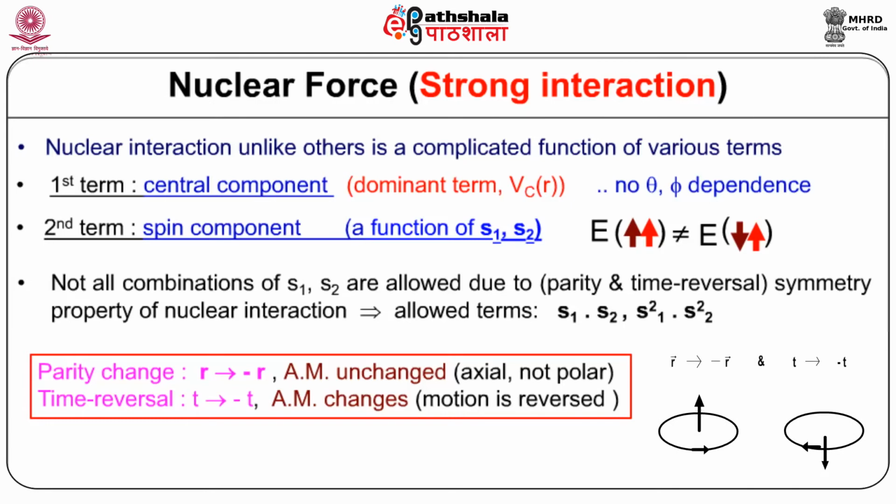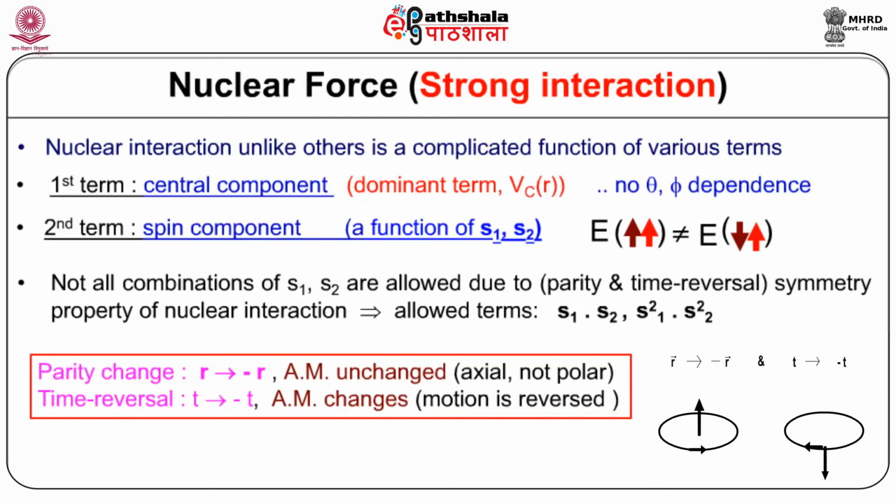The second term in the nuclear interaction is the spin component, which is a function of S1 and S2. Not all combinations of S1 and S2 are allowed, due to the parity and time reversal symmetry properties of nuclear interaction. Allowed terms include S1 dot S2 and S1 squared dot S2 squared.